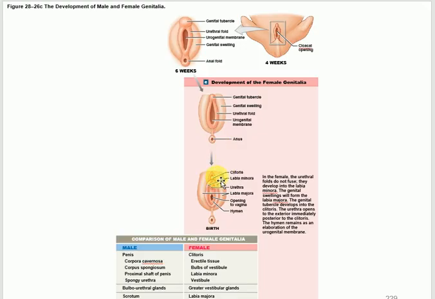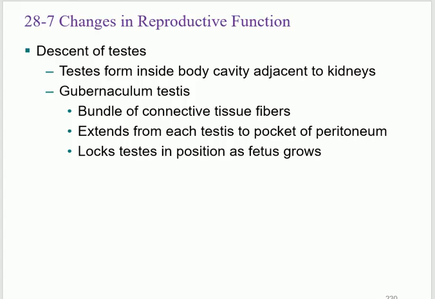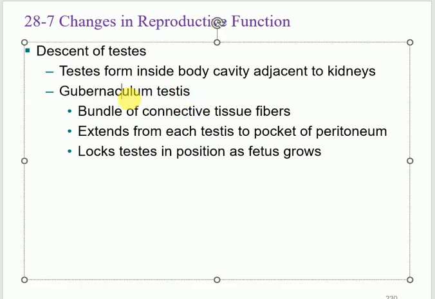I told you guys before that the testes form beside the kidneys, and there is fibrous tissue, the gubernaculum. This is going to pull it down all the way into the normal location, which is within the scrotum. Is it already in the scrotum?